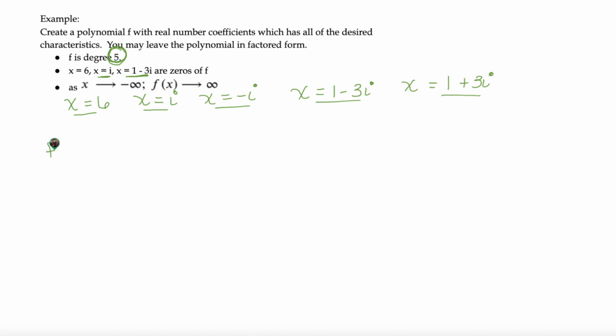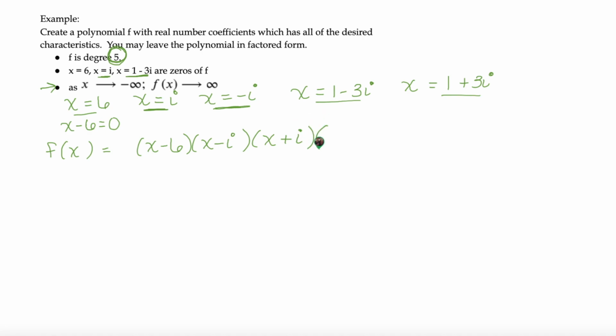My solution then, f of x, we're going to come back to this bullet point here in a second. So if I get x together and set them equal to 0, we will have x minus 6. We'll also have x minus i. If I add i to both sides, we'll have x plus i.